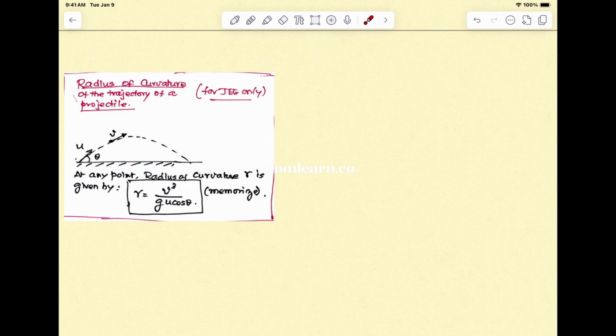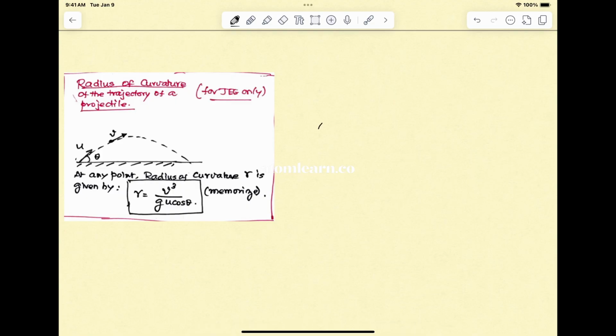Now how to find the radius of curvature of any curve at a particular point is like this. Let me explain the concept of the radius of curvature involved for any curve like this.